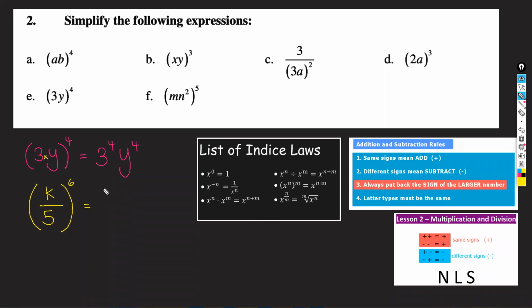So it is okay to say K to the power 6 divided by 5 to the power 6. You see, the 6 gets applied to everyone. So this is correct in maths, and this is correct in maths. And usually teachers like myself will show you this first. But then, remember I tell you, there's a very common mistake made in maths.